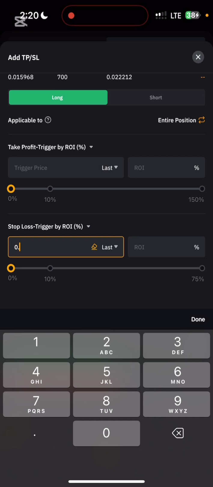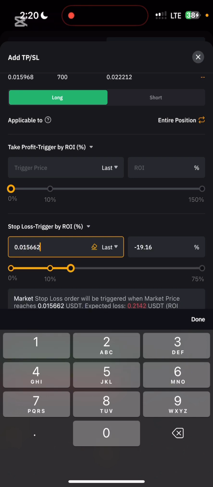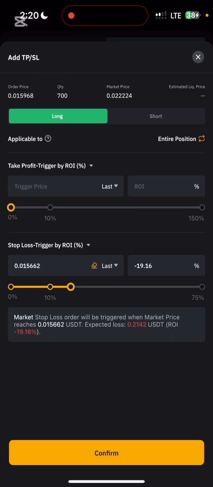So you come here and add it, 0.015662. As you can see, the expected loss, I'm expected to lose 0.21 cents. You understand? And this is showing because of the amount I used to trade. So that's what I'm going to be losing.